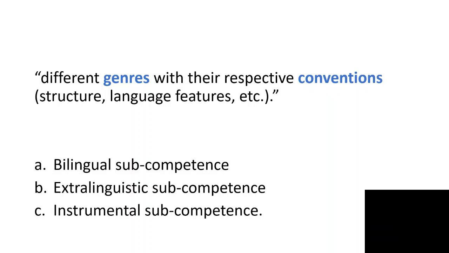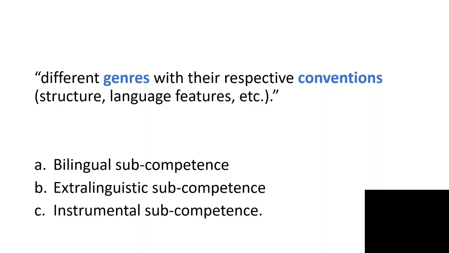Let's see the next one. Different genres with their respective conventions, like structure, language features, etc. We have A, bilingual subcompetence, B, extralinguistic subcompetence, C, instrumental subcompetence.